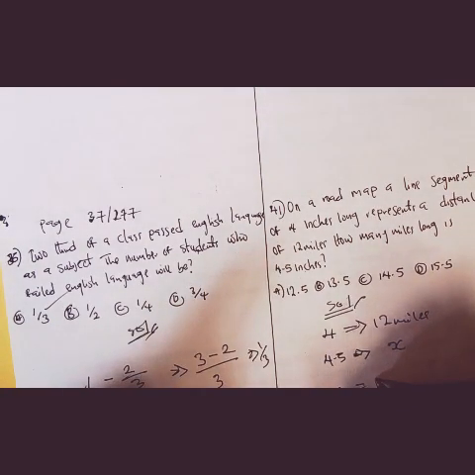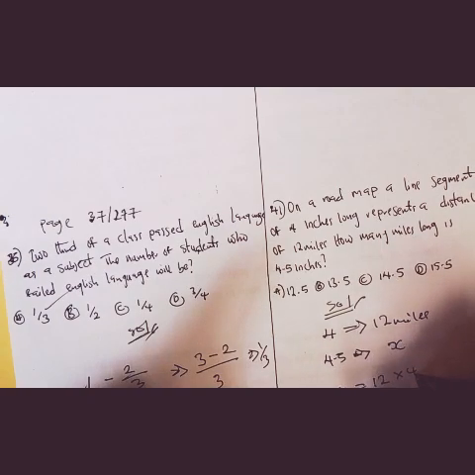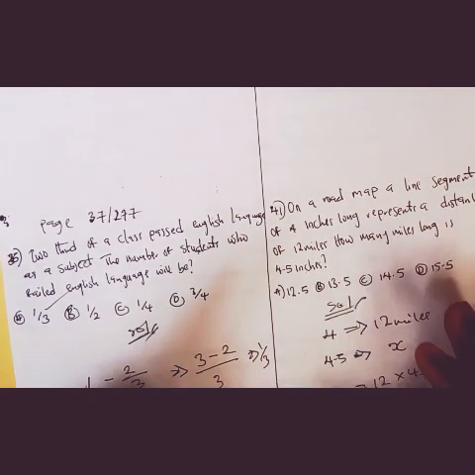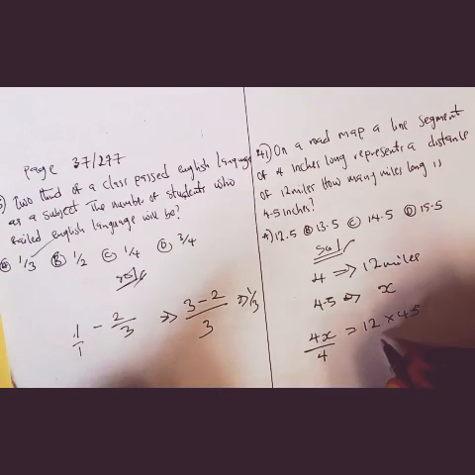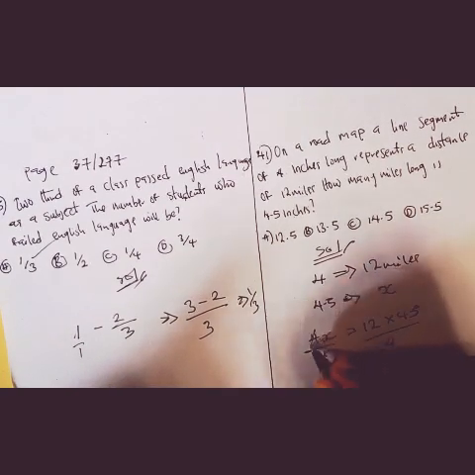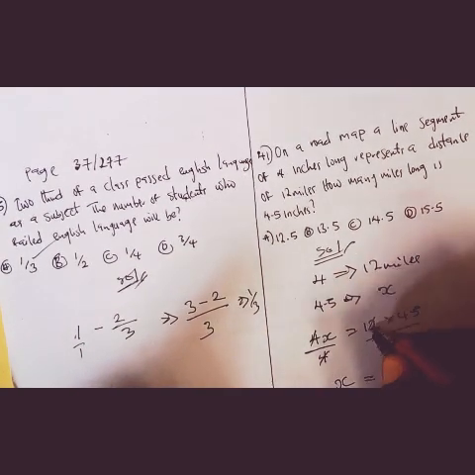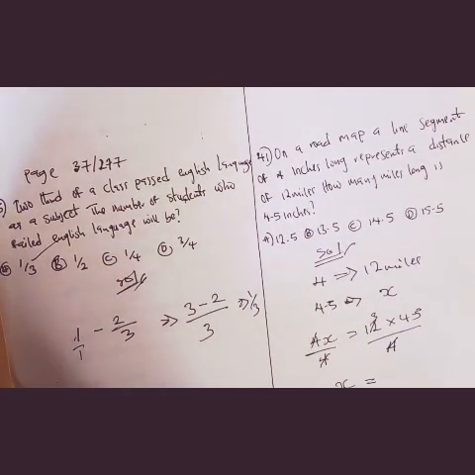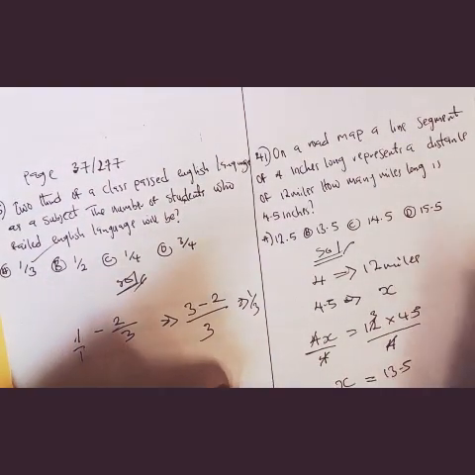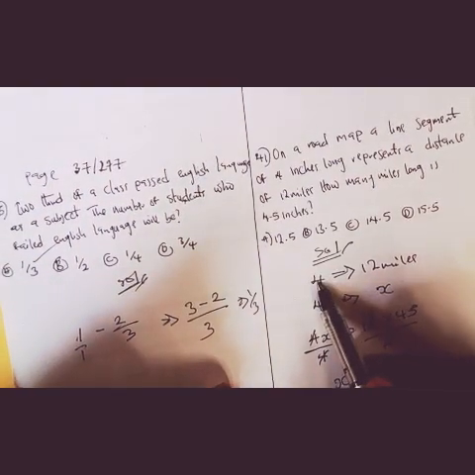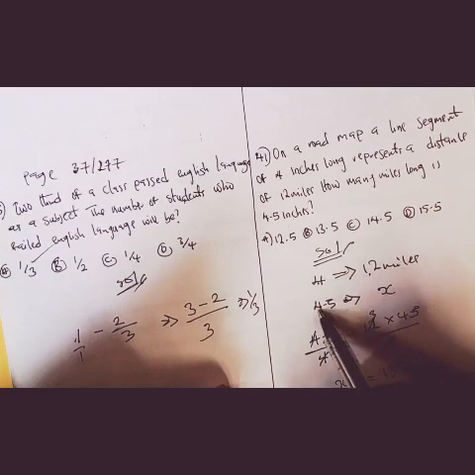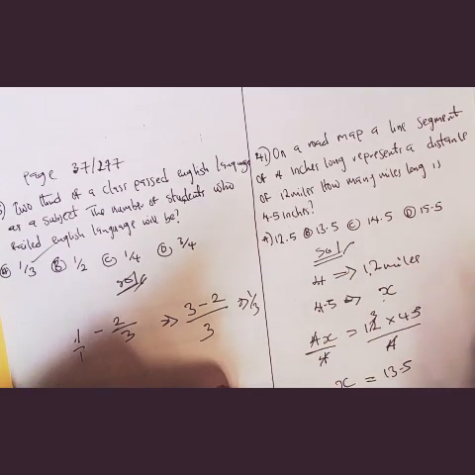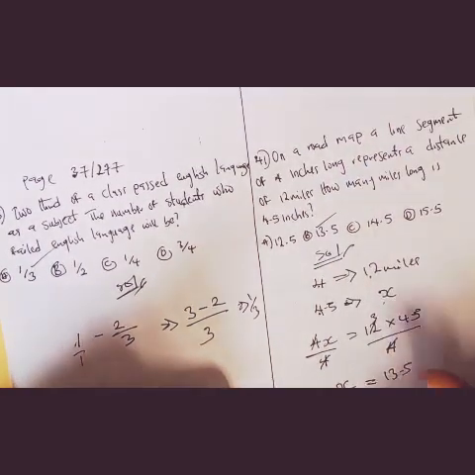When we cross multiply, 4x is equal to 12 multiplied by 4.5. Dividing both sides by 4, x will be equal to 3 multiplied by 4.5, which is 13.5. So 4.5 inches will be equivalent to 13.5 miles. That's option B for me.